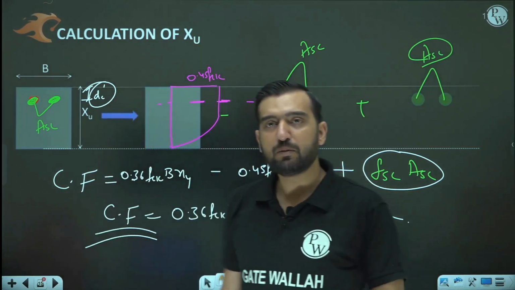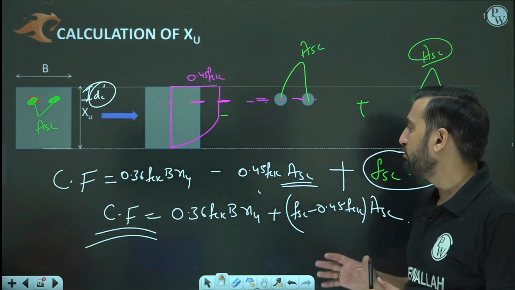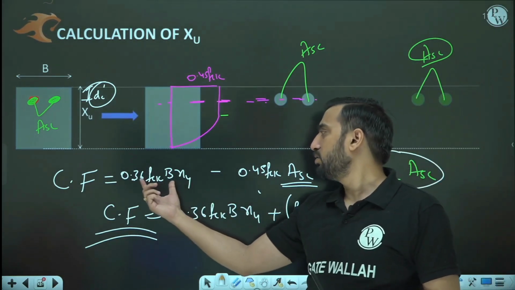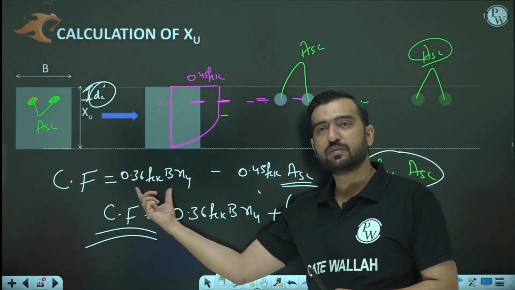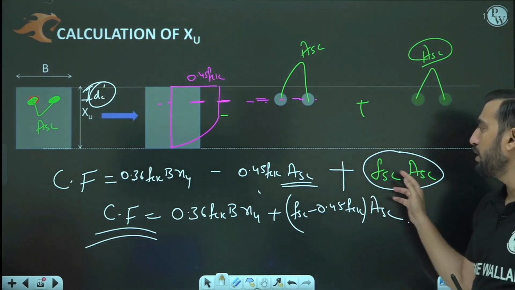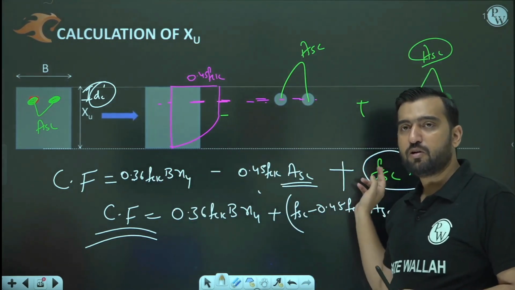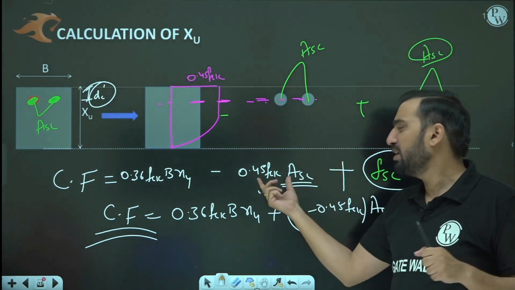But let me tell you one thing, in most design problems, for simplicity, what they normally adopt is this: this is the compressive force due to concrete, this is the compressive force due to steel, so they simply add both of these. From a design point of view, it is also not wrong, because it is a very minor component.